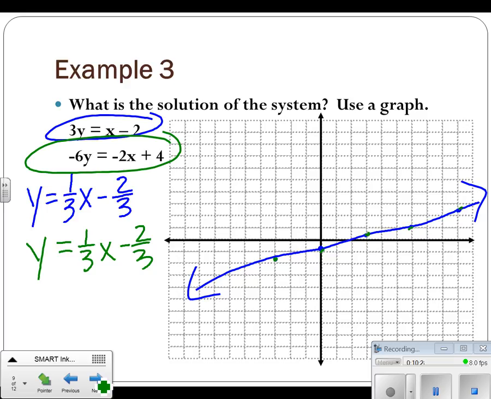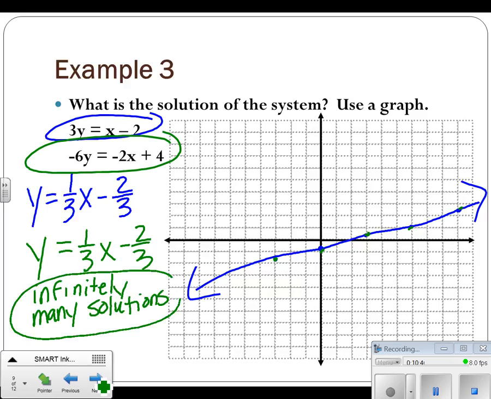So they have everything in common. We write infinitely many solutions, because they are the same line, they have everything in common.